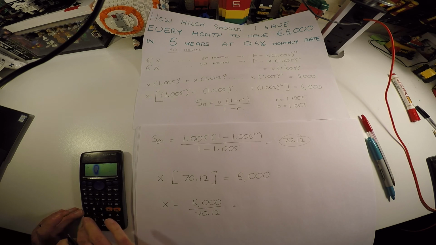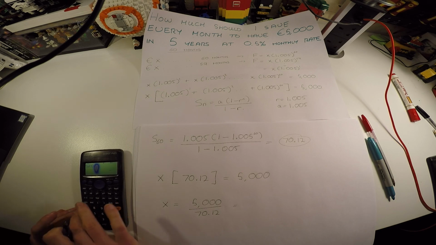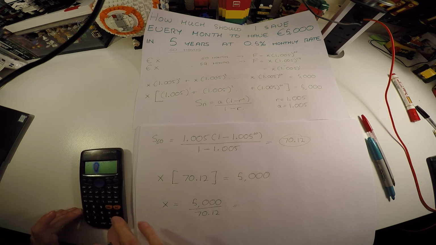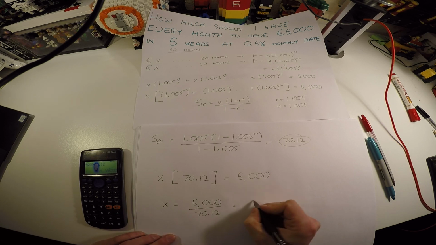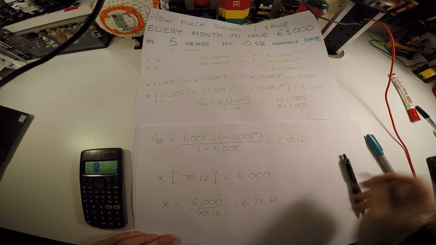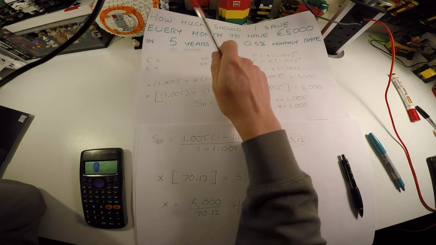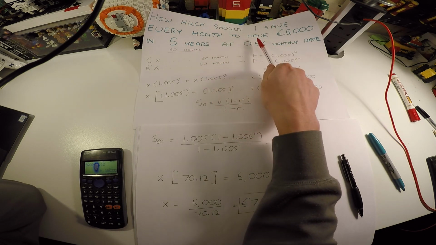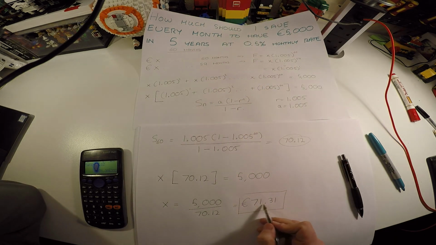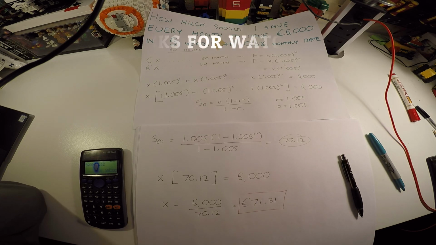So 5,000 divided by 70.12 gives me 71.31. Two decimal places because it's money. So as it turns out, if I want to have 5 grand in 5 years' time, earning this much interest, I just need to lodge 71.31 every month. Hopefully that made sense.